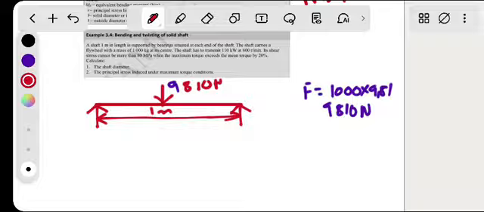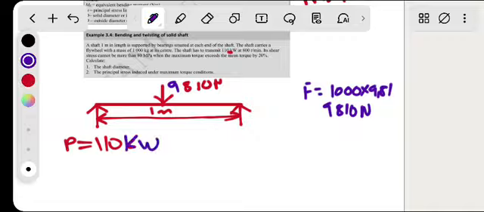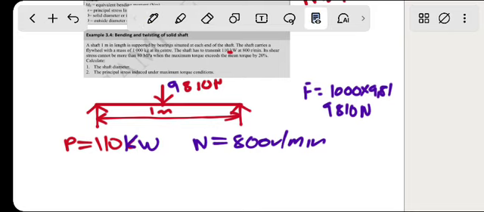The shaft transmits the power. We are given the power of 110 kilowatts, and the speed is 800 revolutions per minute.